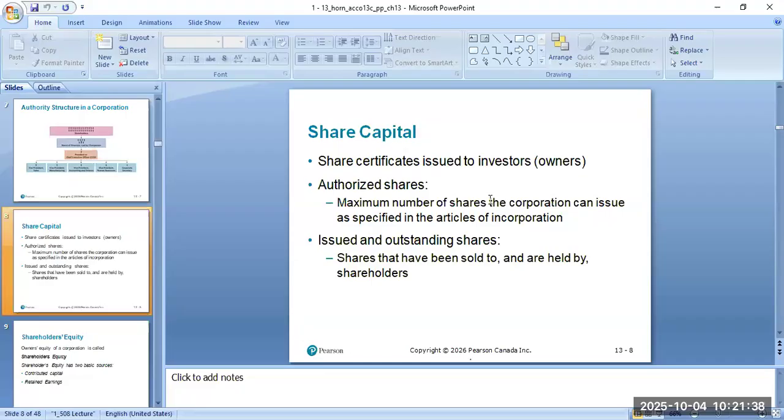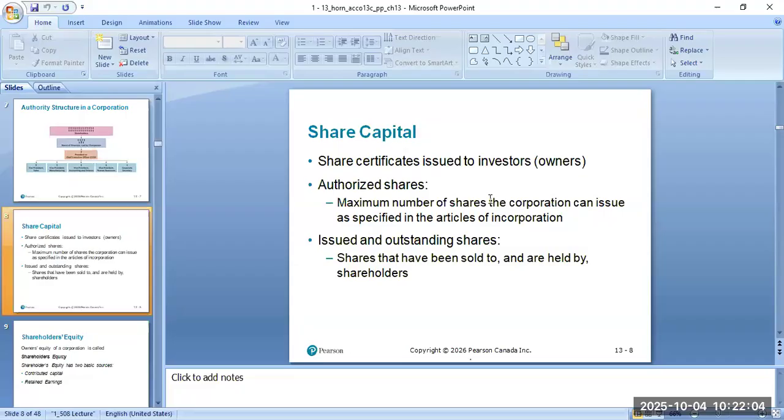Let's say the company has authorization from the government to issue 1 million shares. Now the company doesn't have to issue 1 million shares. The company is only going to issue the shares that it can sell to the public. If they think they can sell only 1,000 shares, they're going to issue only 1,000 shares.